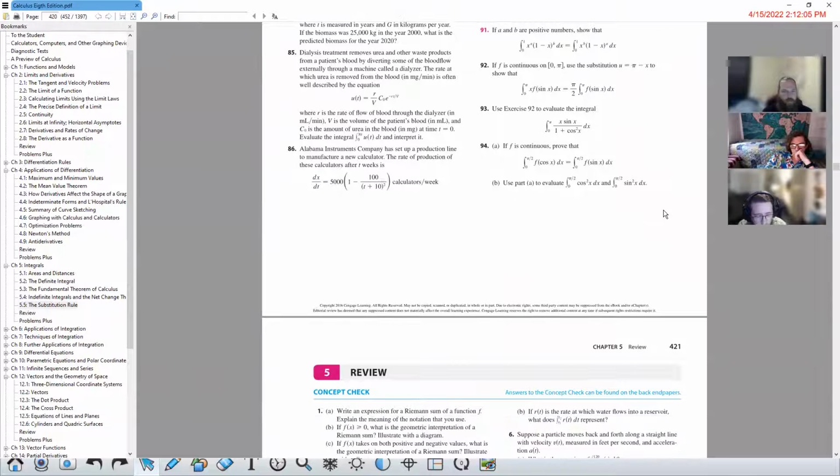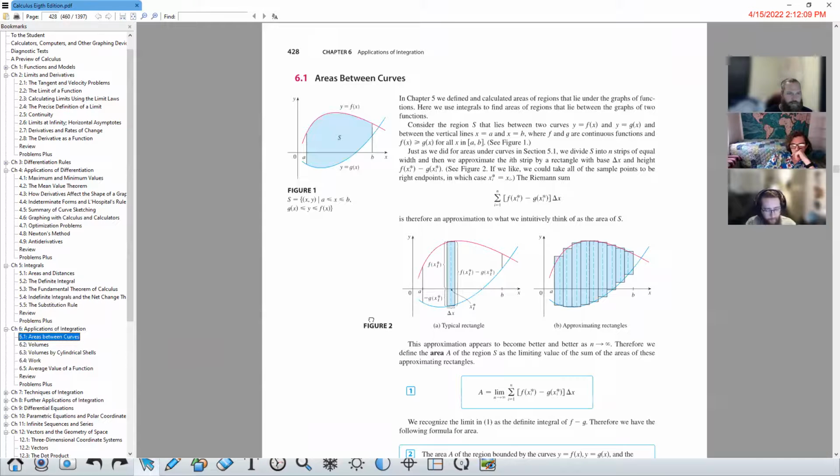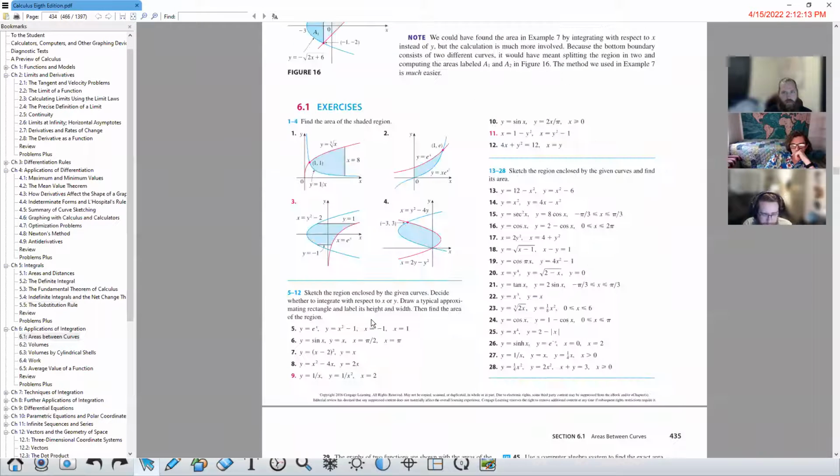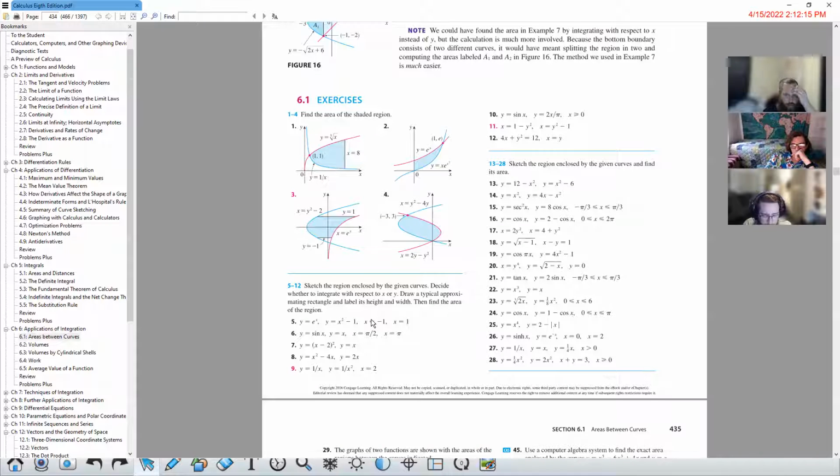I'm not going to beat that to death. So let's come into 6.1 and we can look for some problems here that allow us to invoke u-sub. And we'll do lots more of these down the road.